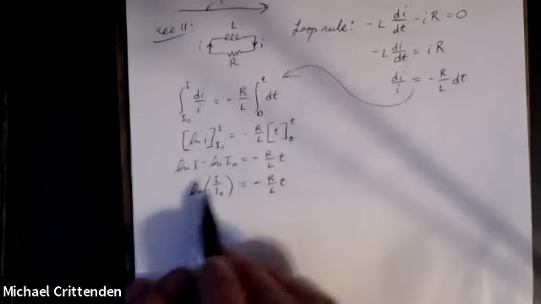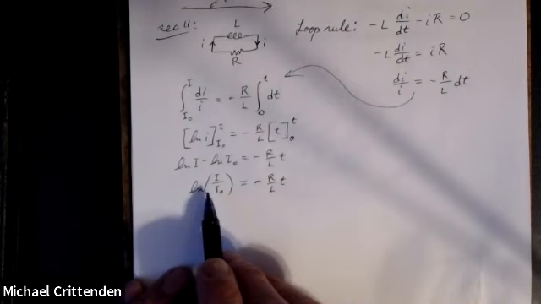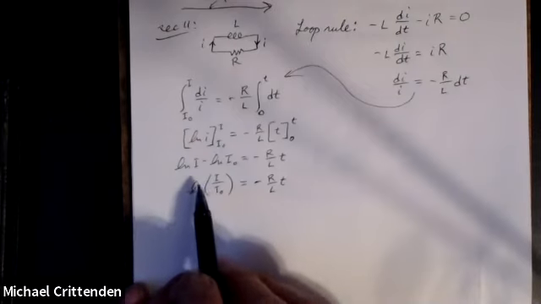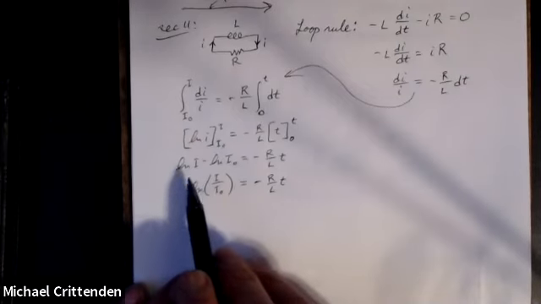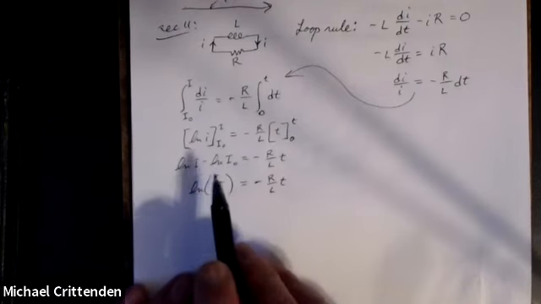This is using a well-known property of logarithms, which if it's not quite so well known that you know it, you can find it on one of the back pages of your reference handout. But hopefully from some intermediate algebra class or someplace like that, it looks familiar to you that the log of A minus the log of B is the log of A over B.